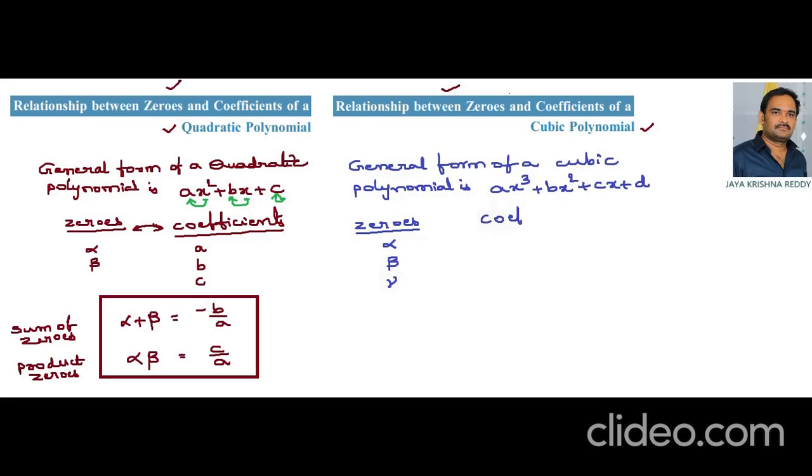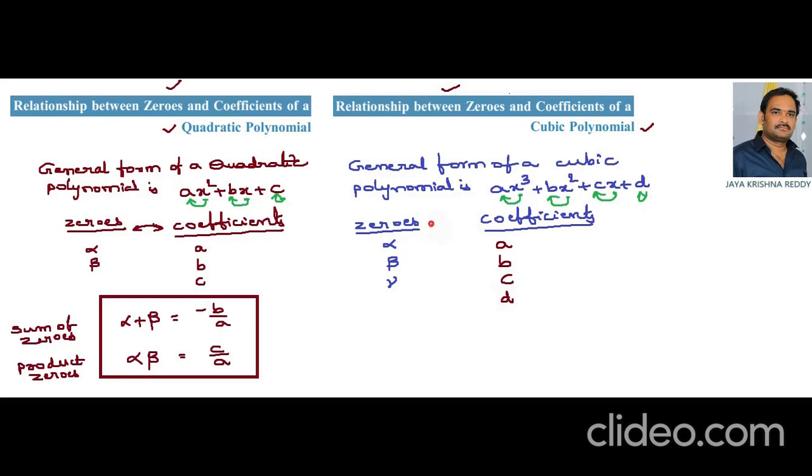The coefficients of the cubic polynomial are: the coefficient of x cube is a, the coefficient of x square is b, the coefficient of x is c, and the constant term is d.